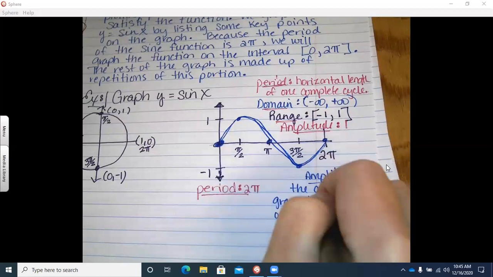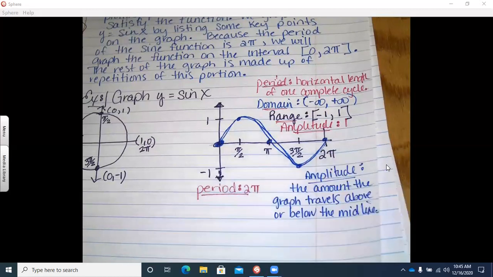It wouldn't be different. It'll always be the same number above and below if you graph it correctly. But good question.